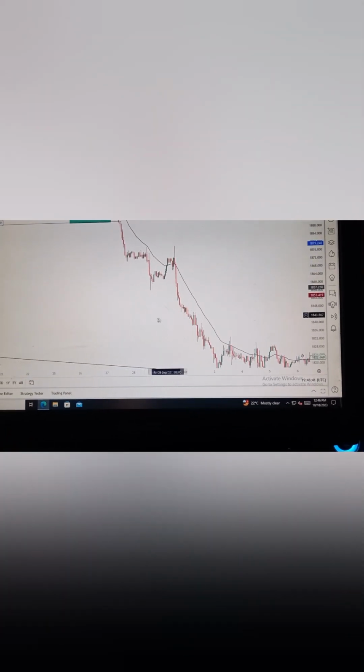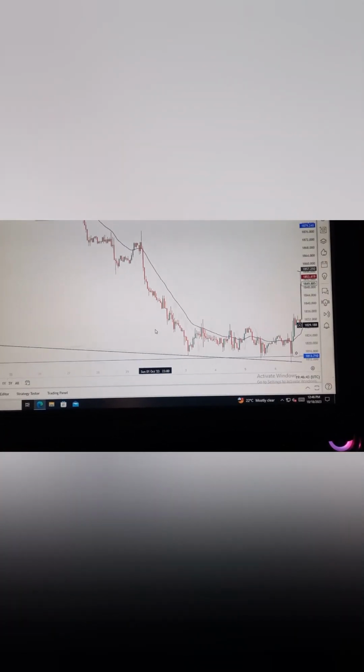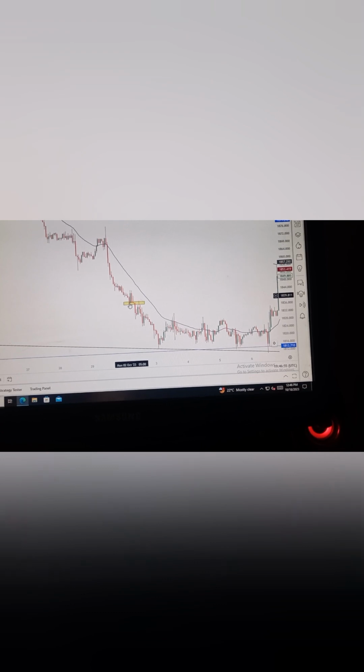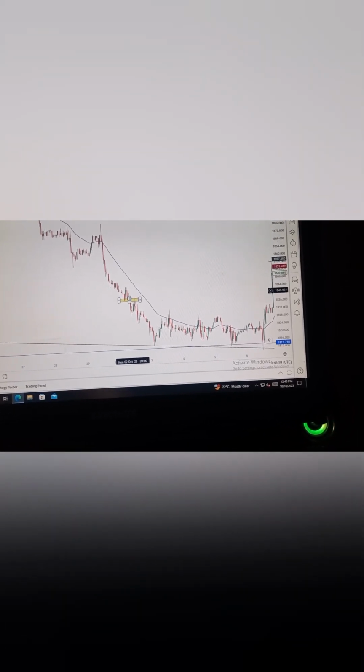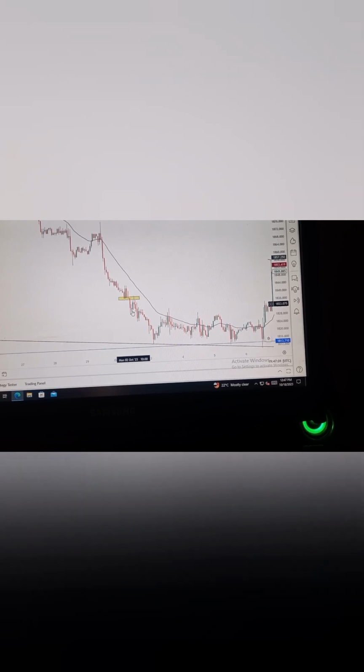So let me just show you another one here. As you can see here, this is a trade that would have entered, a nice Asian session trade where we formed support. See here, we formed a nice support. Price broke the support impulsively, but started coming up.